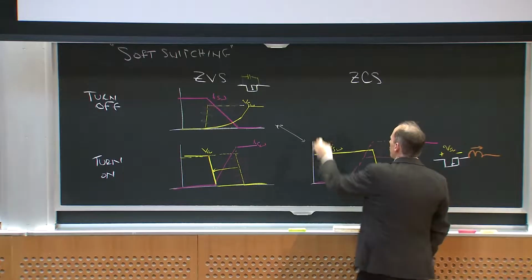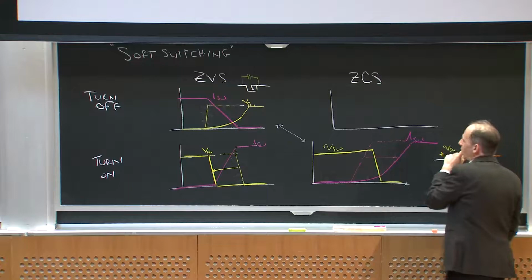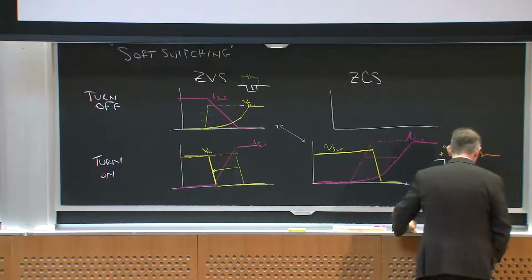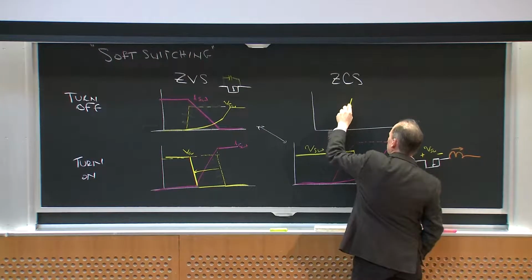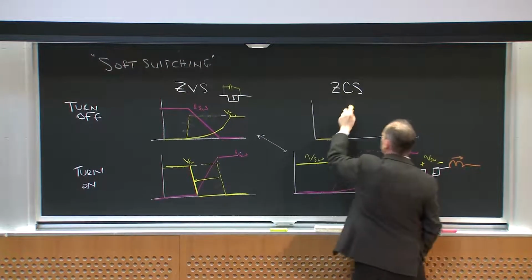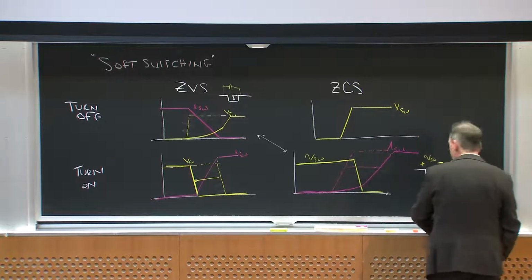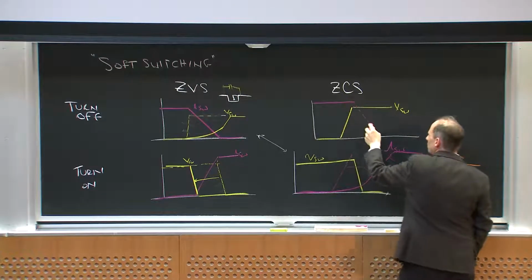What's the last one? Well, we said I want to do 0 current turn off, and what usually happens is that my switch voltage rises, and then my switch current can fall only after that happens, right?